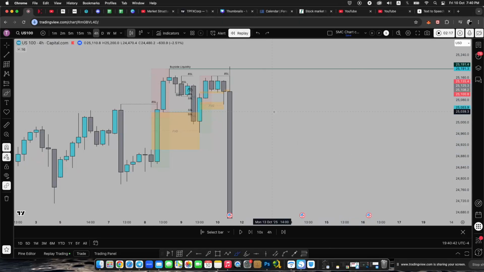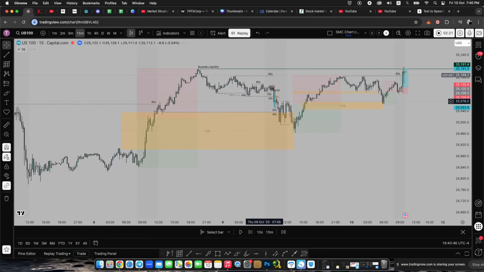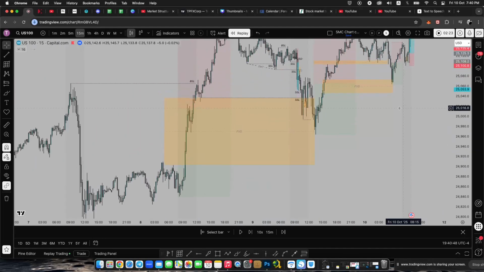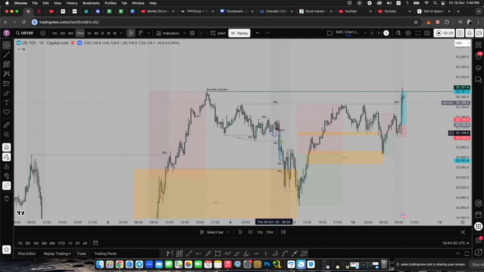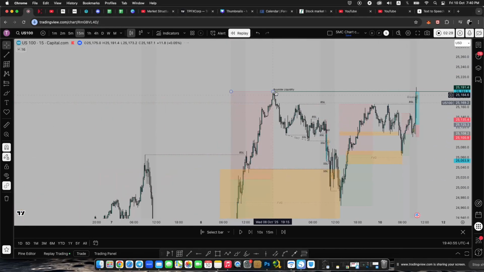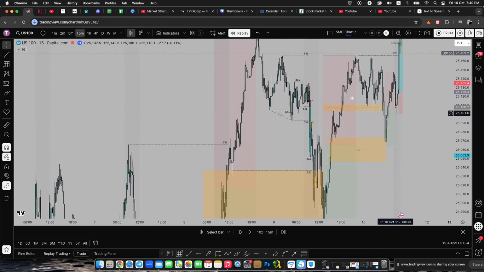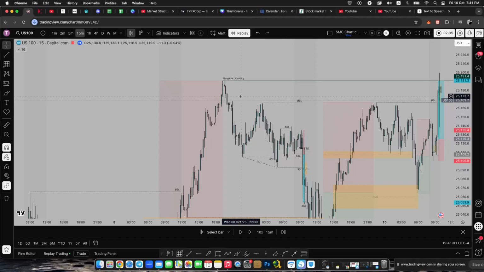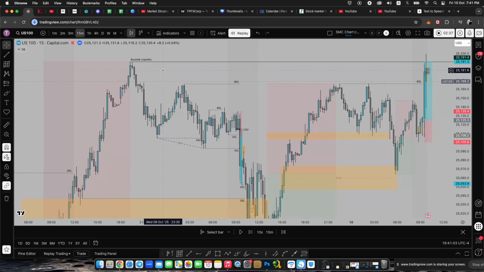After this impulse, I don't trade Asian session, so I'm just waiting for New York session, which is opening right here. Price is already showing some signs of pulling back ever since it created that high right here.